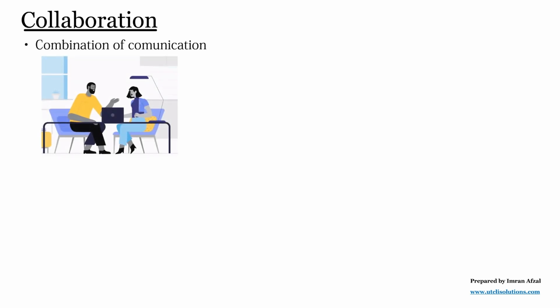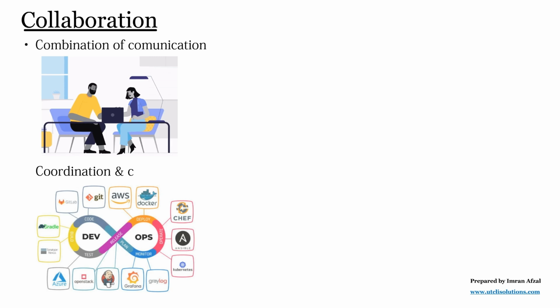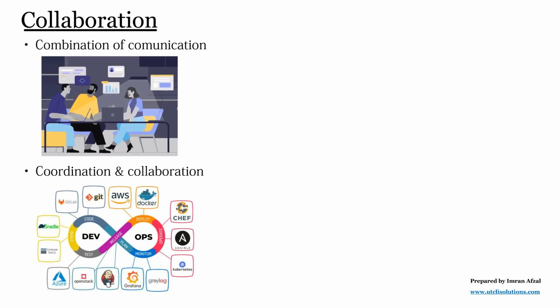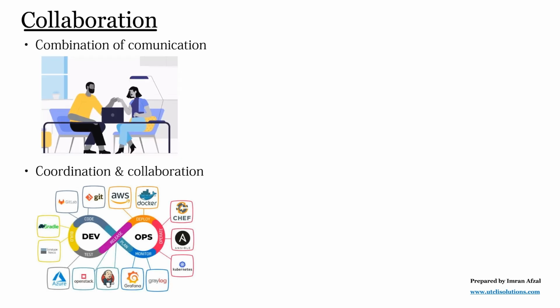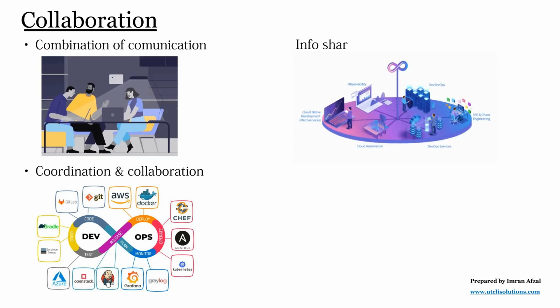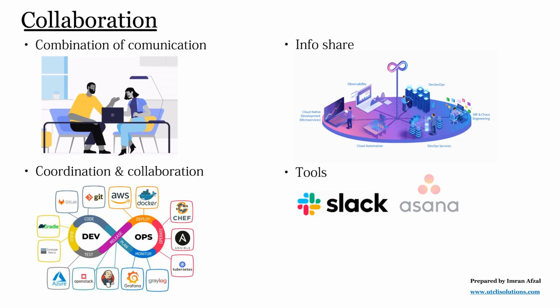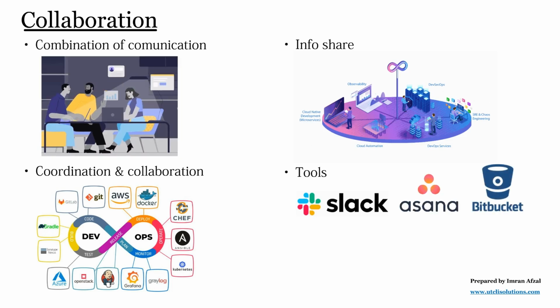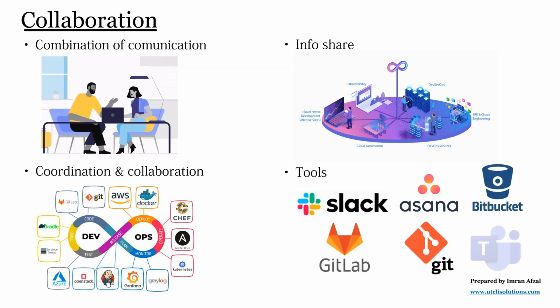Collaboration involves a combination of communication, coordination, and collaboration tools that facilitate teamwork and information sharing among team members. These tools include Slack, Asana, Bitbucket, GitLab, Git, Microsoft Teams, and so on.